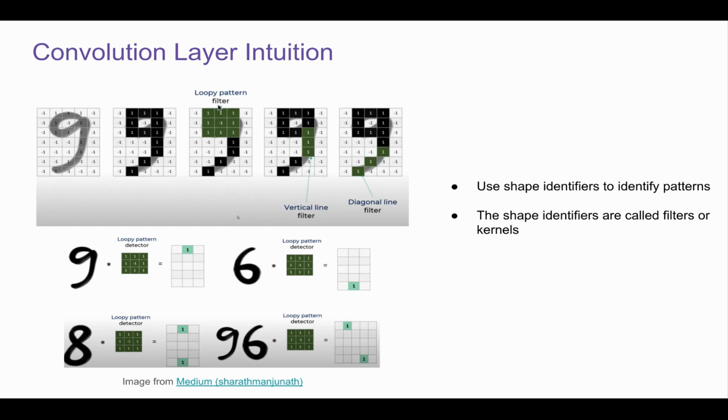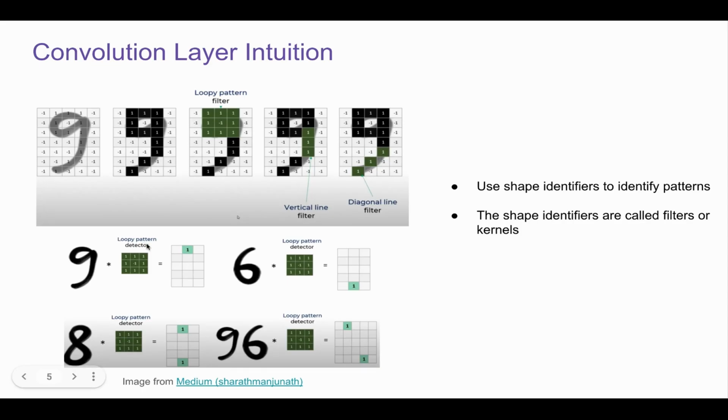Now we have a filter that is able to detect a loopy pattern. It's marked as green. This filter will be able to recognize a loop in this graph. And this vertical line filter is able to recognize a vertical line in this graph. This diagonal line filter will be able to recognize a diagonal line in this image.